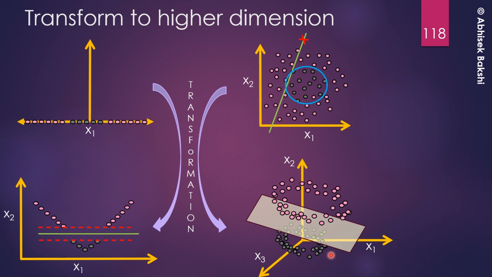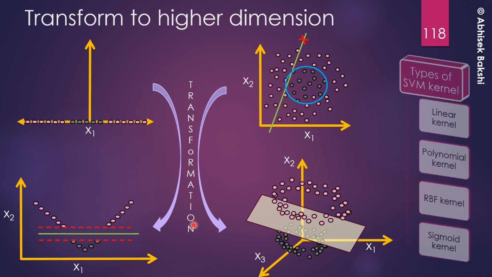Based on different functions we can do this transformation, and these are the different kernel functions by which you can do it. Already we have seen that, so I'm not going into much detail of support vector machine theory.